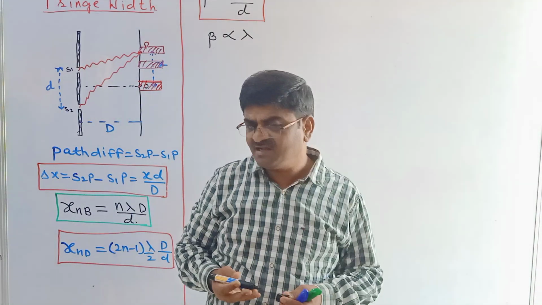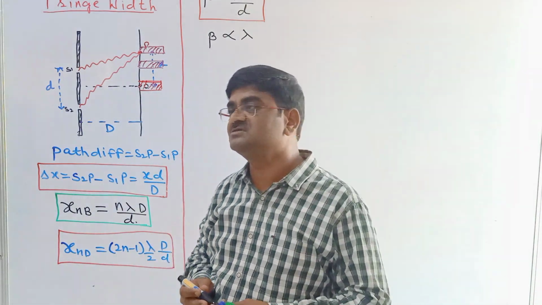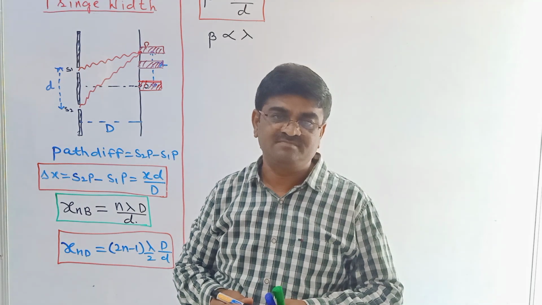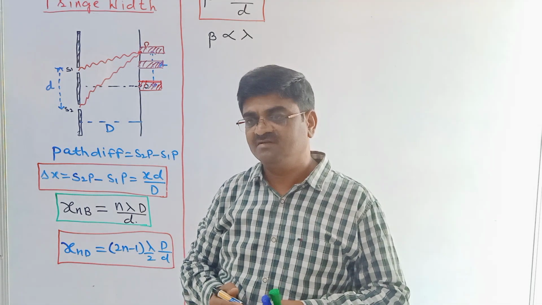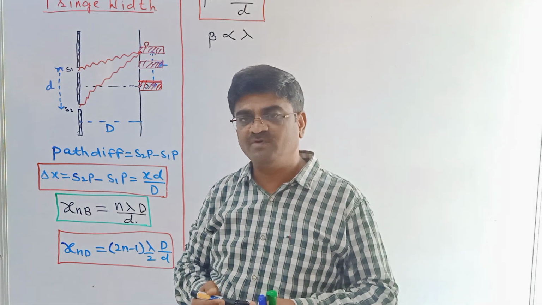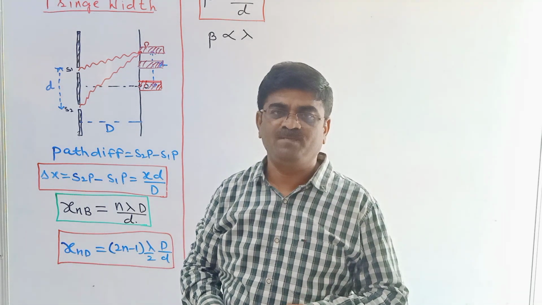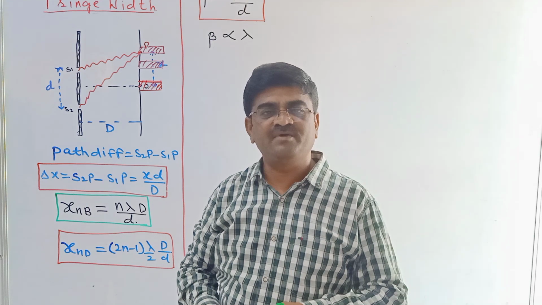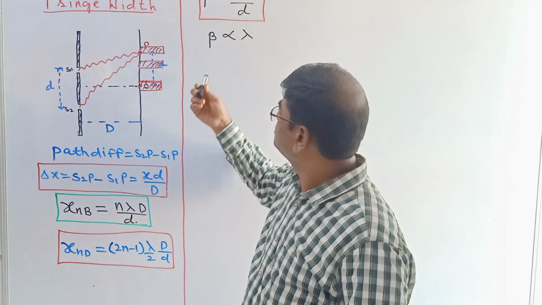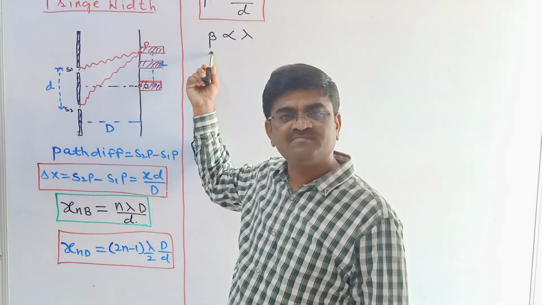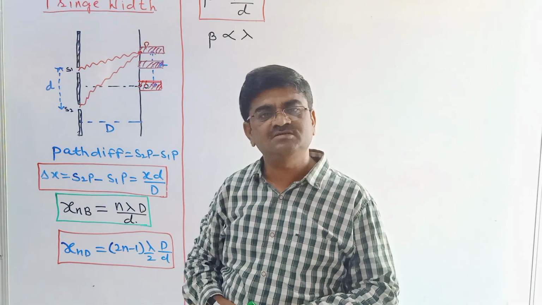Some simple comparative types of questions I may have in competitive exams, like if a source of wavelength lambda 1 is replaced by a source of wavelength lambda 2, how will that affect the fringe width? Straight away I can refer to this relation.